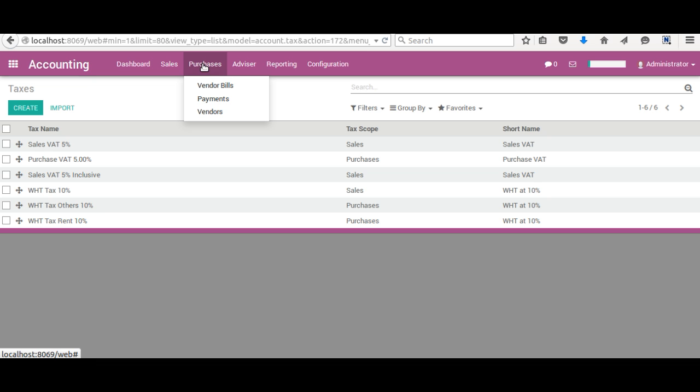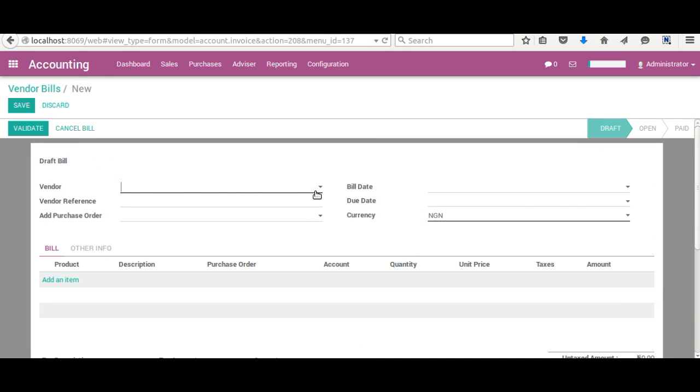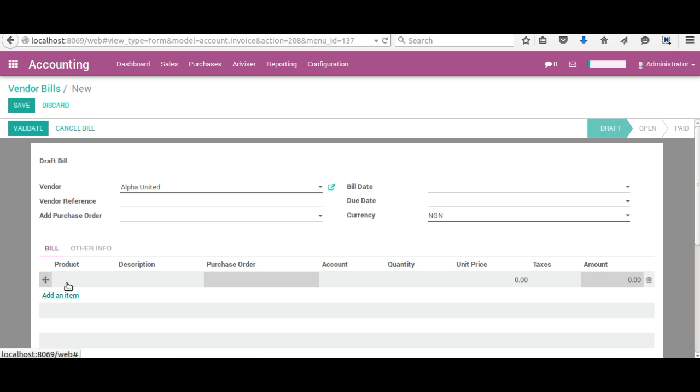So I go to purchases, vendor bills. Okay, so I can easily create a new vendor bill. Let's assume that this is to Alpha United, and let's add an item.